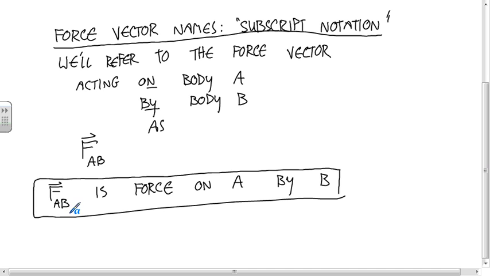The chosen body is that first one you're talking about. Say it with me, on A by B. And keep saying it like that, and little by little say it more like you're getting hypnotized, like a zombie or something. So, on A by B, on A by B. Good. Okay. And so, keep that in mind when you're using that notation.